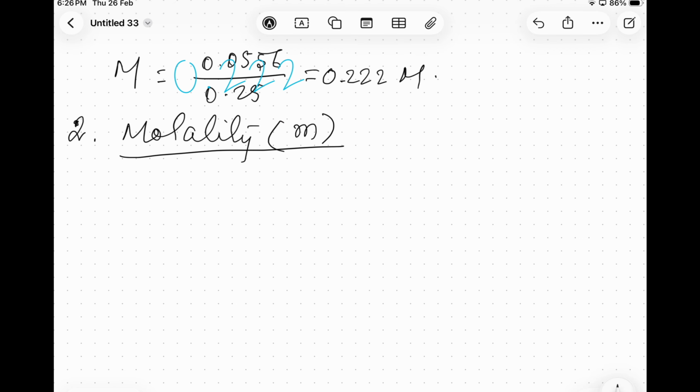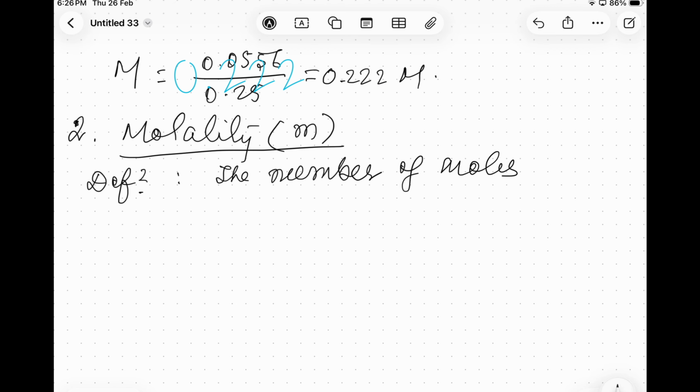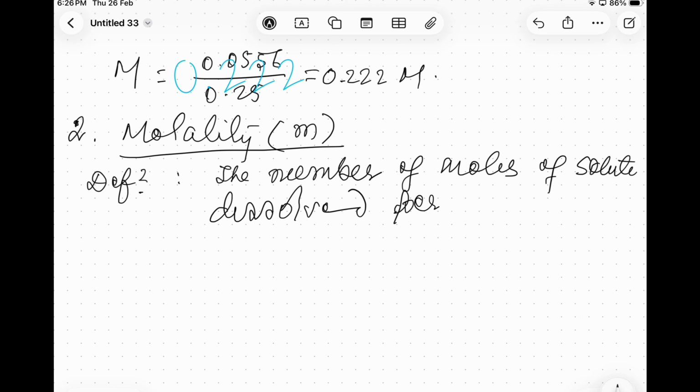It is defined as the number of moles of solute dissolved per kilogram of solvent.